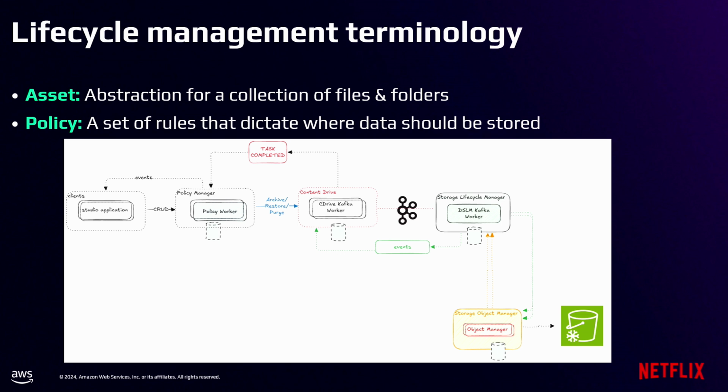A storage lifecycle manager component, which orchestrates lifecycle operations, and the S3 abstraction layer, which translates these lifecycle operations into requests to S3. Additionally, we have other applications interacting with the system to define policies, track metadata, and manage data movement. Let's briefly discuss the role of the 4 key components.